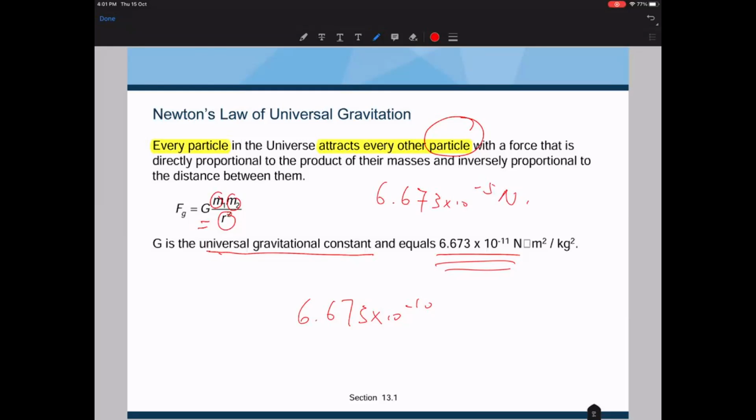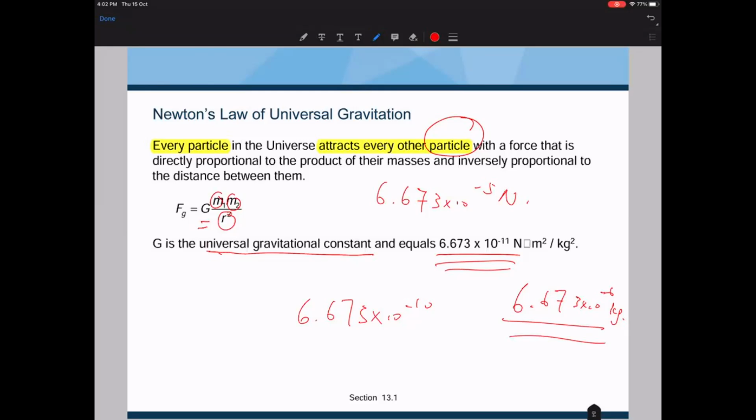So this would be the weight of an object that is 6.673 times 10 to the minus 6 kg, approximately. So you could understand how tiny that force is if you convert it into the corresponding mass.